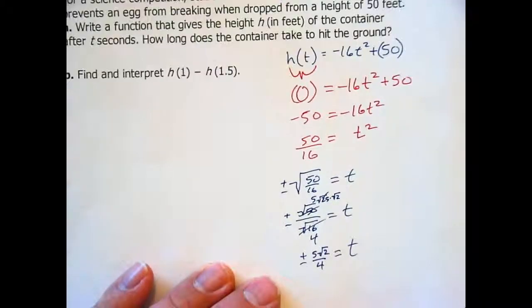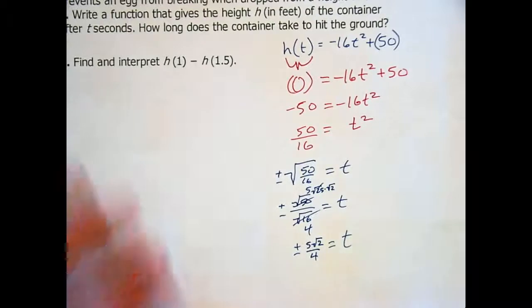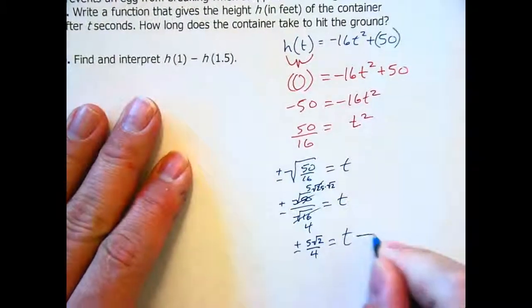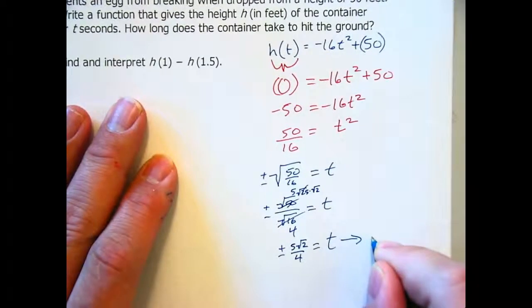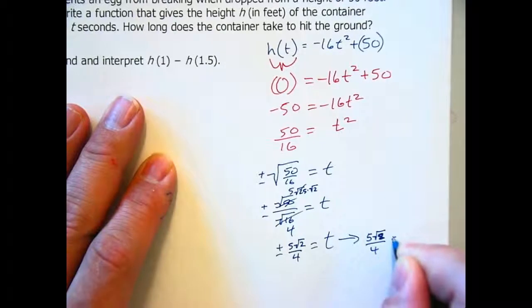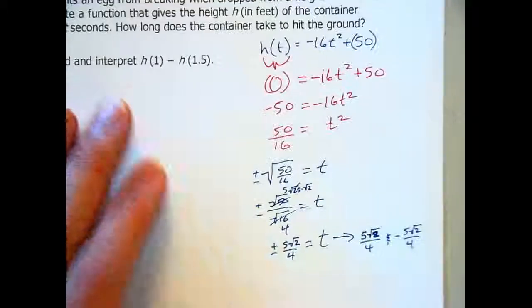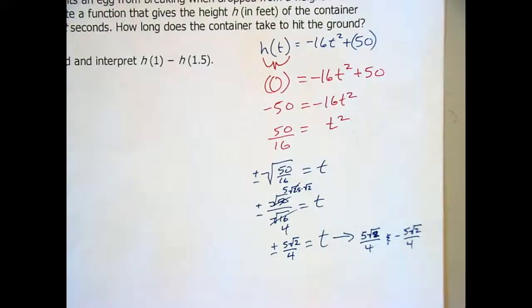Now, what is wrong with that answer? You're saying your time is 5 root 2 over 4 seconds, and negative 5 root 2 over 4 seconds. What's that, Derek?